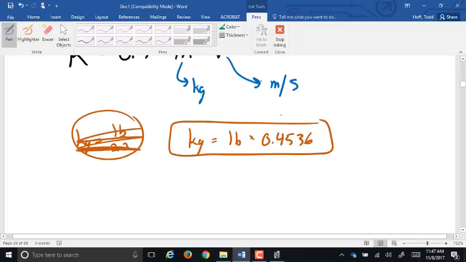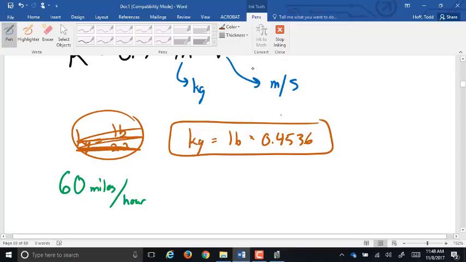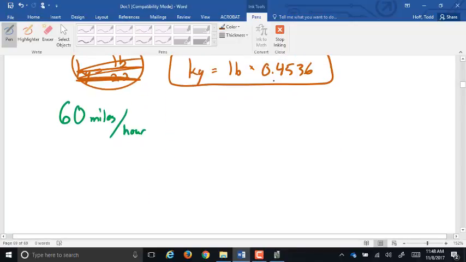The more important is your velocity. It has to be in meters per second, but let's say we have a car going 60 miles per hour. Our unit conversion to convert that into meters per second: well, 60 miles per hour is 60 miles over 1 hour. Written like that, now we can use our unit conversions or dimensional analysis to convert the units.